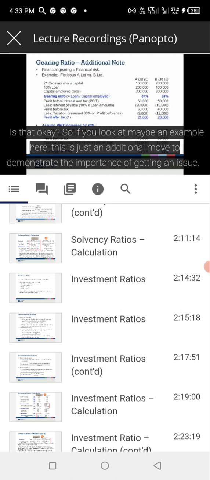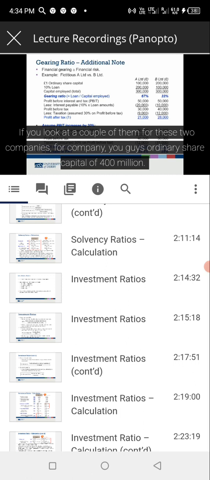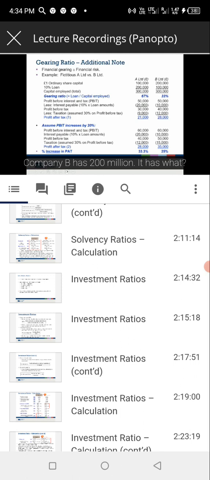So if you look at maybe an example here, this is just an additional note to demonstrate the importance of gearing ratio. You can have a look. We have two companies. If you look at the capital for these two companies, company A has ordinary share capital of 100 million. Company B has 200 million.